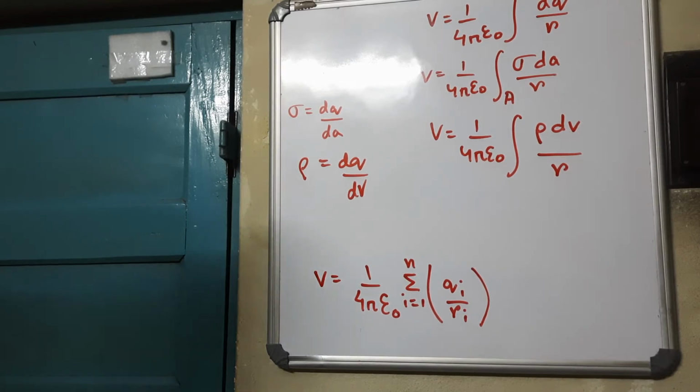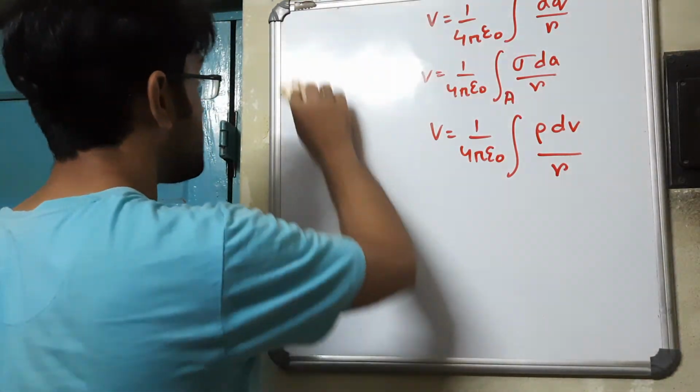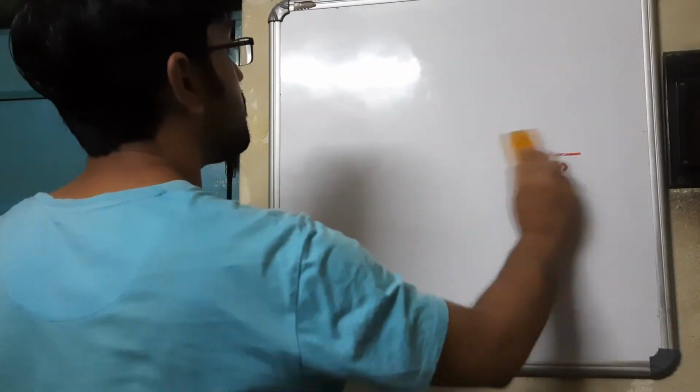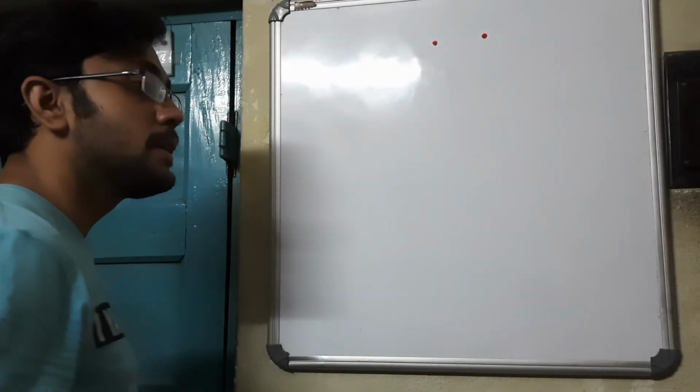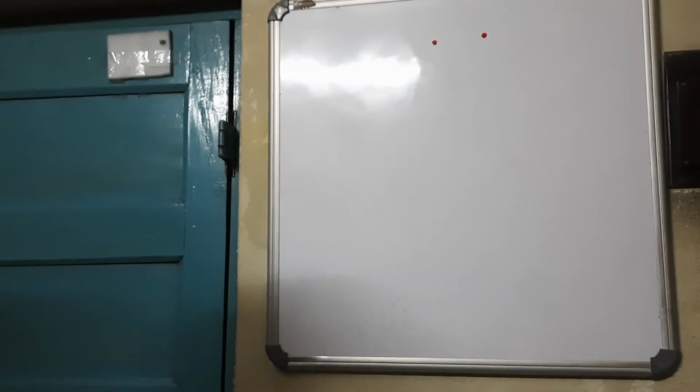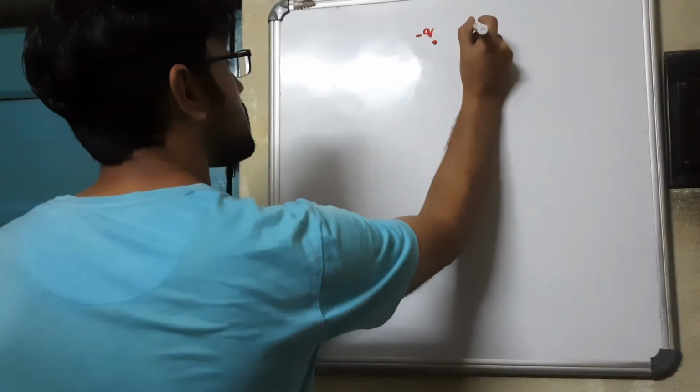Now we shall move into something which is very important, and that is we will be trying to find out what is the potential due to an electric dipole. So as you know, dipole means 2 equal and opposite charges which are placed a very short distance apart, minus q plus q.